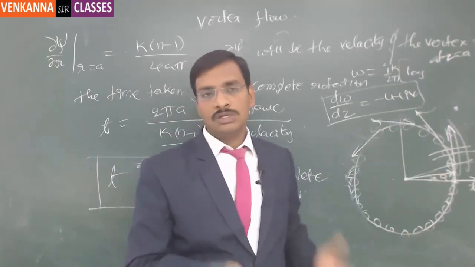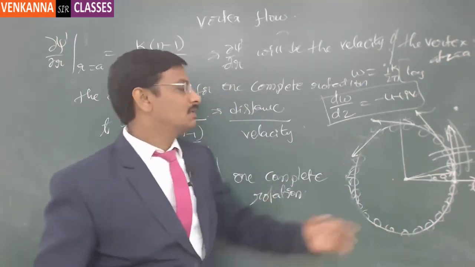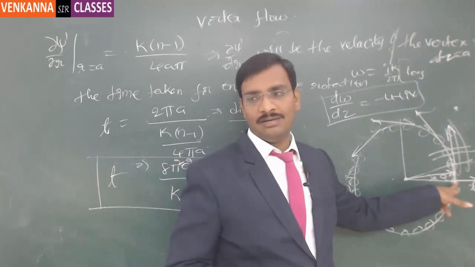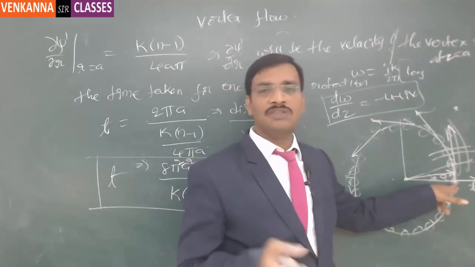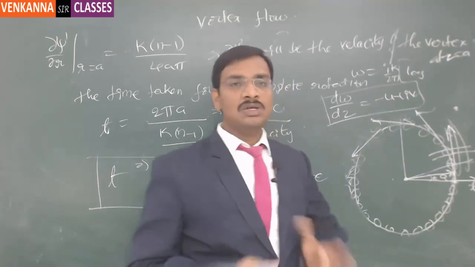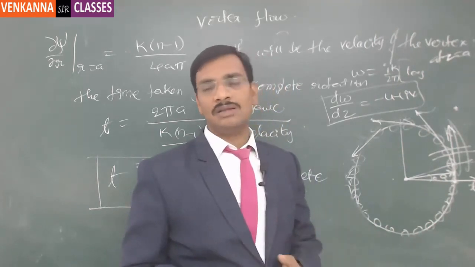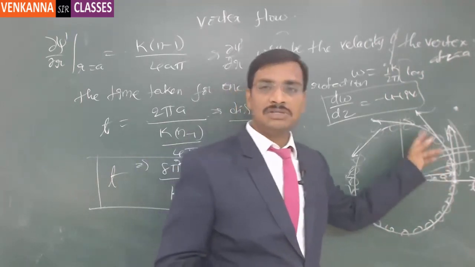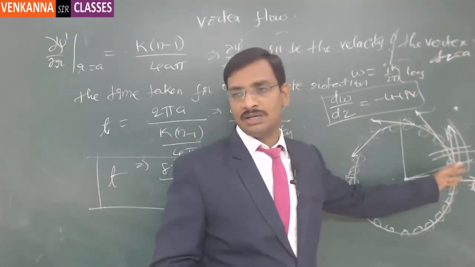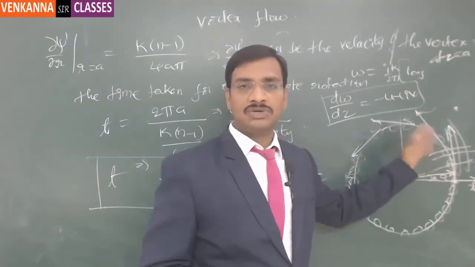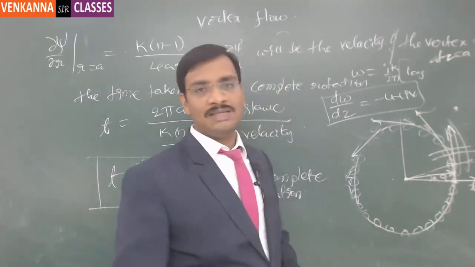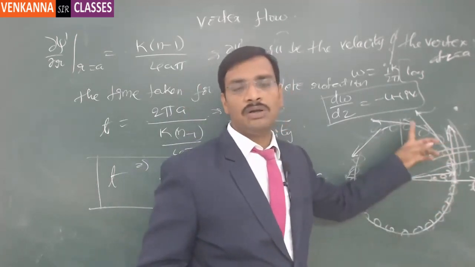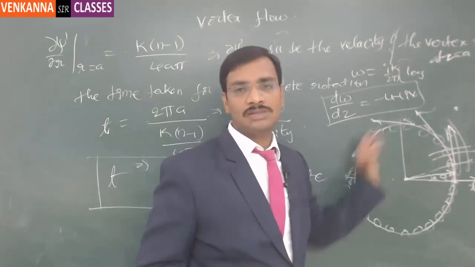Then we took the derivative at z equal to a, with respect to r and with respect to theta separately, so that we can find the tangential velocity and the radial velocity. But it came out that only the tangential velocity is there and no radial velocity, so the radial velocity is treated as 0. That means if there is only tangential velocity, we can conclude that this vortex is moving in a circular fashion. At any point it is tangential, so it is moving in a circular fashion.